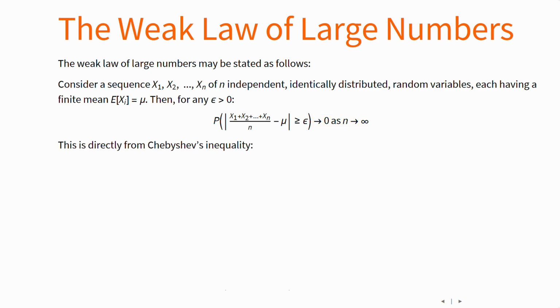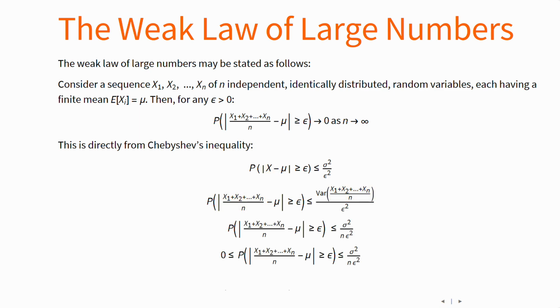This theorem can be directly derived from Chebyshev's inequality by replacing x by the average of the sequence and realizing that the probability is between 0 and a reducing number, meaning as n grows, the probability tends to 0.